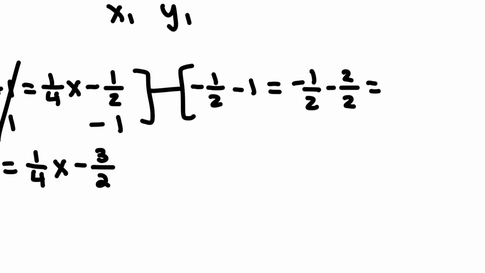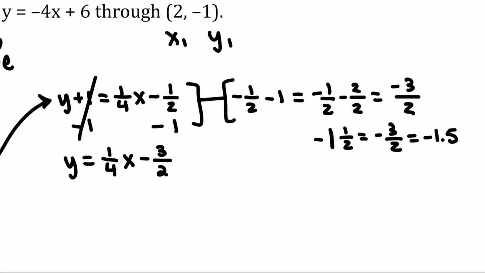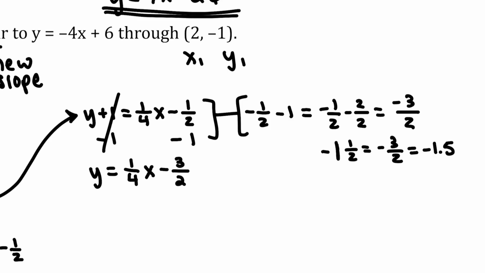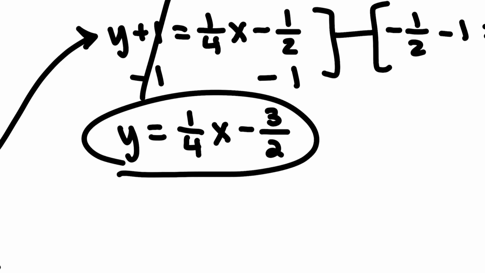All right, which is the same thing as negative 3 over 2. All right, so negative 1 1/2 is the same thing as negative 3 over 2. It's the same thing as negative 1.5. All right, you have to know that these three that I just wrote are equivalent. These are equivalent numbers. They're the exact same. So here is our answer.